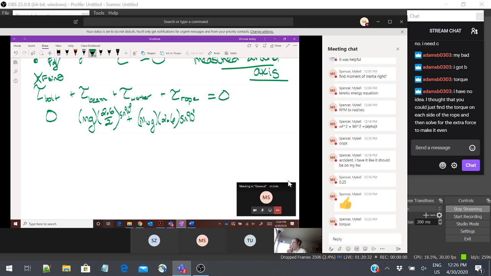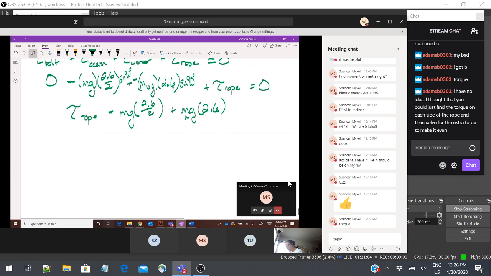They are technically both negative because they're both trying to make it go clockwise, though in terms of how I drew it, it doesn't matter even a tiny bit in this problem. So that means our torque from the rope has to cancel those out. So torque rope equals m g 2.6 over 2 plus m_worker g 2.6.